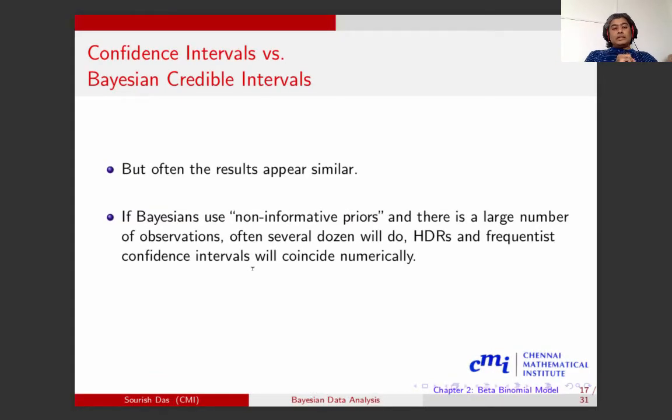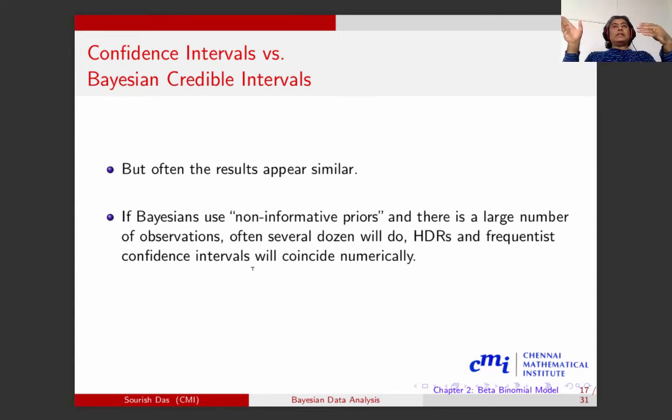If Bayesians use a non-informative prior and there is a large number of observations, often several dozen will do, HDRs and a frequentist confidence interval will coincide numerically. So you may get from a Bayesian interval and a frequentist interval, they will coincide with each other at least numerically. But the difference will be the interpretation.